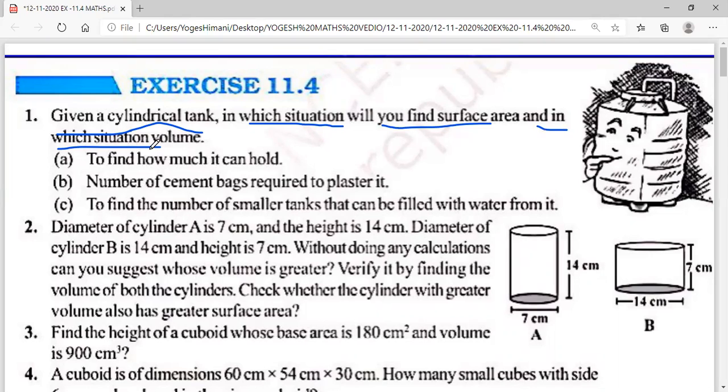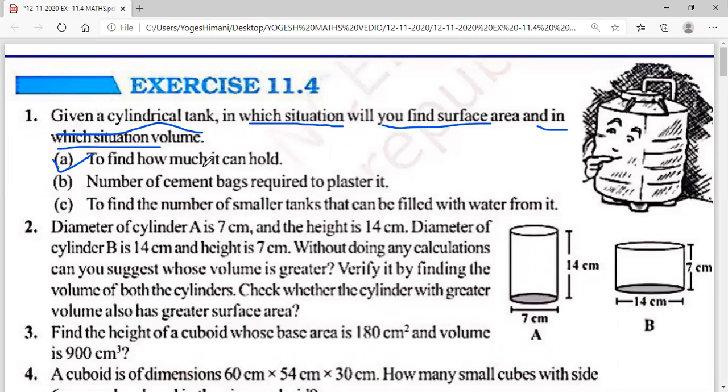To find, the first part is to find how much it can hold. So we have to find out in which situation we have to calculate surface area and in which situation volume.